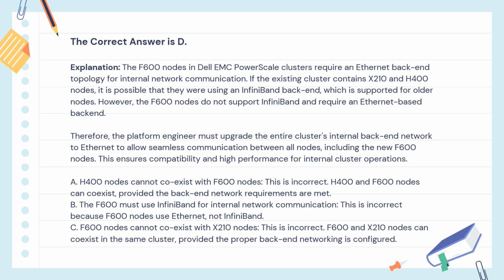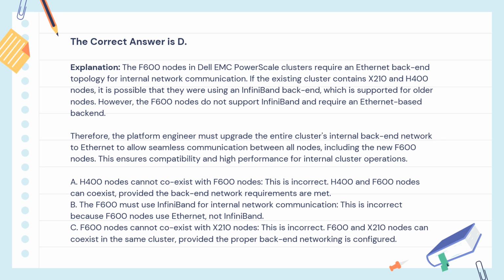A. H400 nodes cannot coexist with F600 nodes. This is incorrect. H400 and F600 nodes can coexist, provided the back-end network requirements are met. B. The F600 must use InfiniBand for internal network communication.